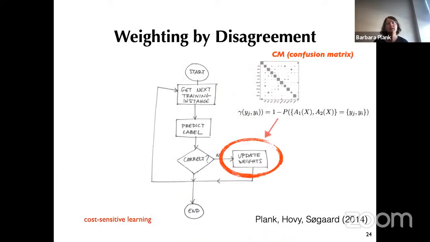This is something that we proposed some time back in 2014 with Plank and Hovy, where the idea was, what if you have some small amount of data that is doubly annotated, and then you can estimate the confusion from this small amount of data and use it as an additional confusion matrix between the labels in learning.